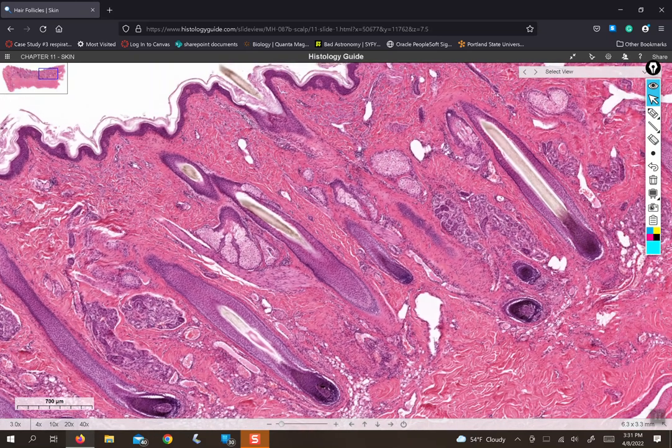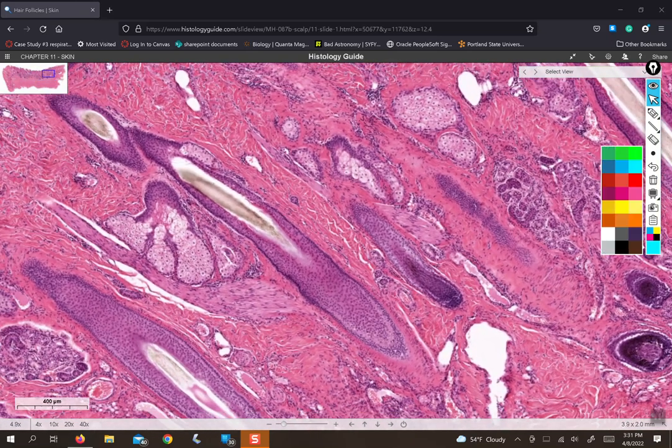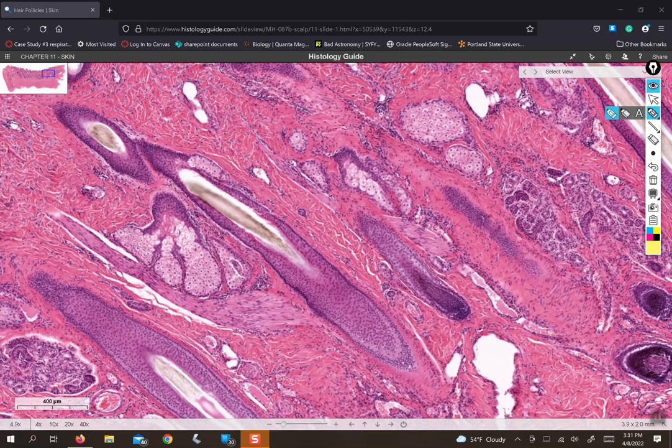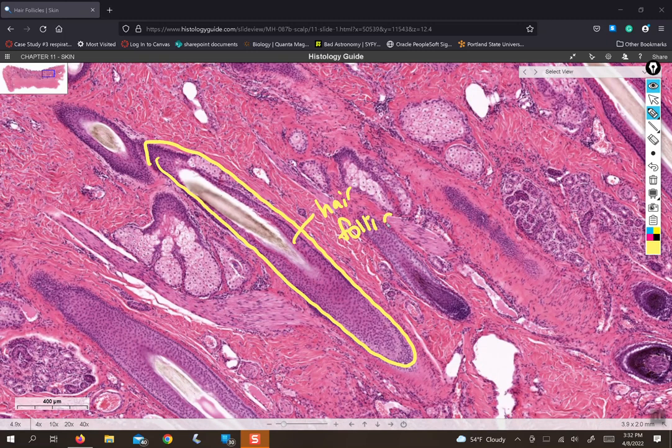So I can see my hair follicle in an oblique section, which means it's not quite longitudinal and it's not quite cross-sectional, it's diagonal in between. And then, as I promised, coming off of it in sort of teardrop or triangular shapes is the associated sebaceous gland.